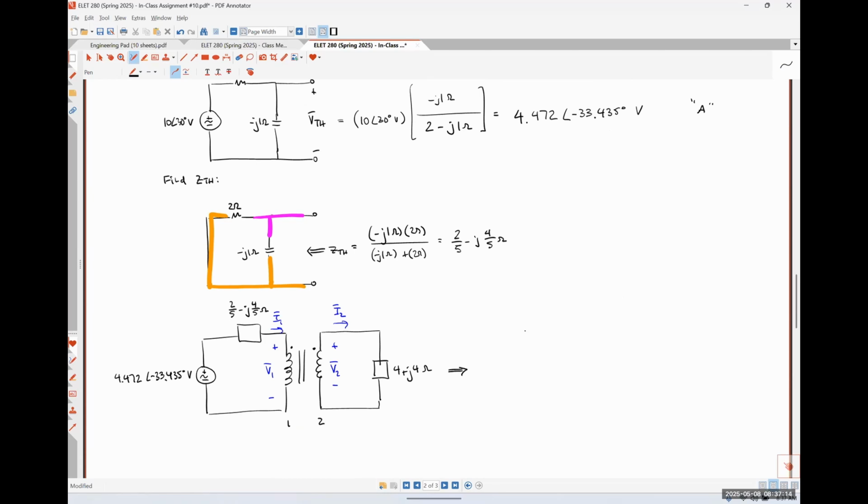So that is going to look like 4.472 with an angle of negative 33.435 degrees volts. Here's my 2/5 minus J 4/5 ohm resistance.